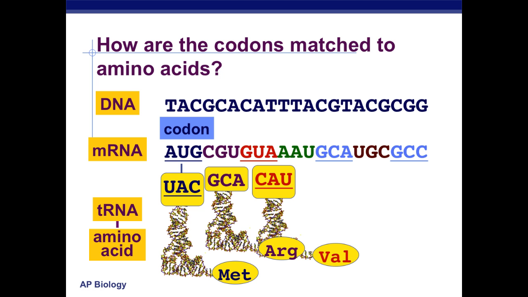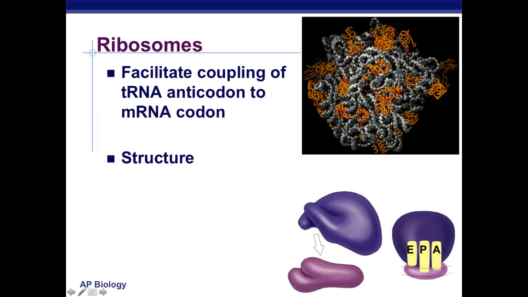GAU codes for valine. And these complementary tRNA strands are called the anticodon. So the codon codes for your amino acids. Your anticodon is the complementary strand to your mRNA. So ribosomes facilitate coupling of the tRNA anticodon to the mRNA codon.